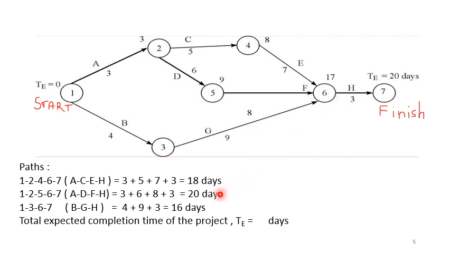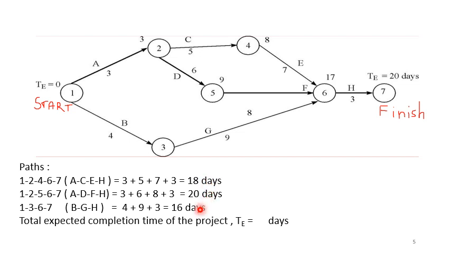The third path that you can trace is 1 to 3, 3 to 6, and 6 to 7, that is B, G, and H, that is 1, 3, 6, 7. That will be 4 plus 9 is 13, 13 plus 3 is 16. So you can see here the first path 18 days, second path 20, third is 16 days.